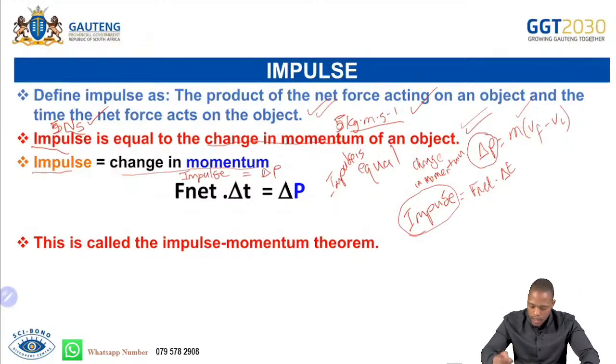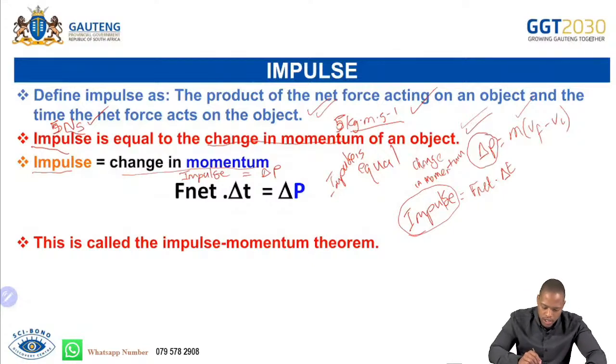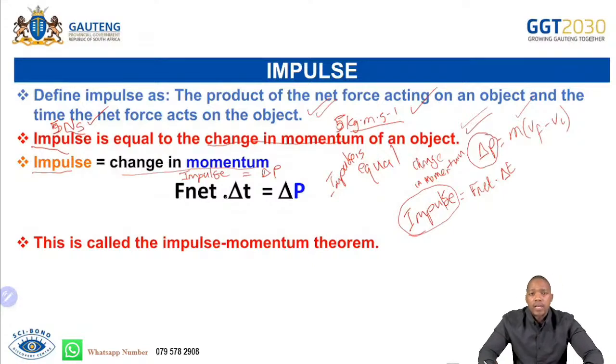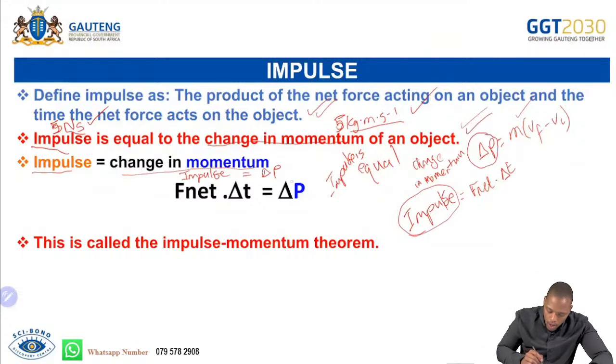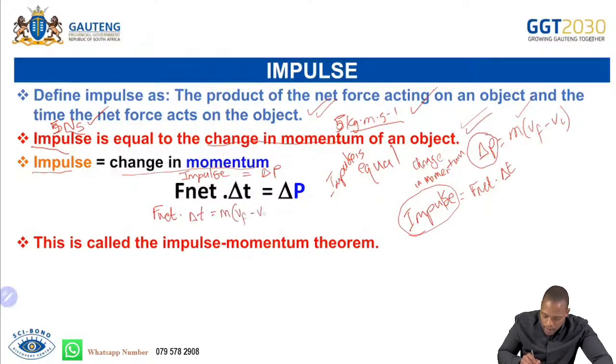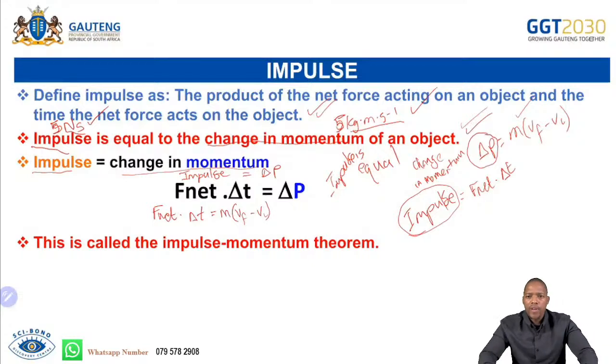But we already know that the impulse is what? F net delta t, as previously discussed in the previous slide. So instead of impulse, I can write F net delta t is equal to delta p, which I will further expand as F net delta t is equal to m(vf minus vi), or mvf minus mvi, as an expanded form of this formula.